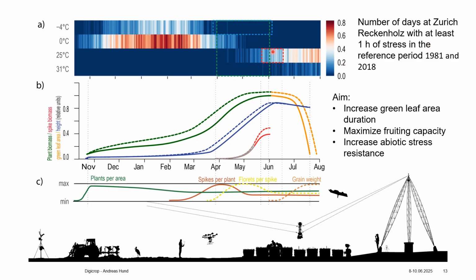And here each of these ticks gets you the proportion of days during that period with at least 1 hour at a particular temperature. So you can see that here frost of -4 or heat of above 31 degrees centigrade doesn't usually happen during stem elongation of wheat, which is very important because it shows us that we can probably also relax a little bit and expand this growing period, for example, to more extremes. So it's kind of something we are considering.